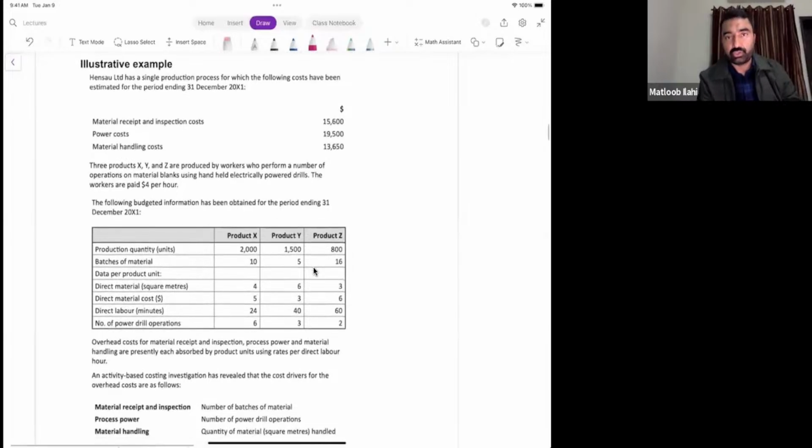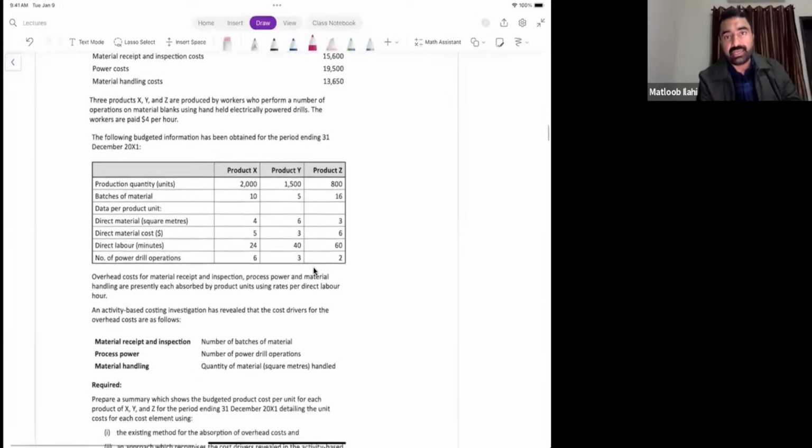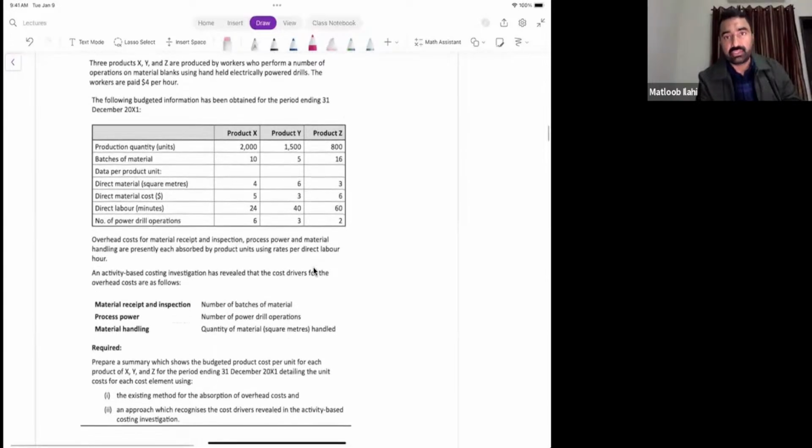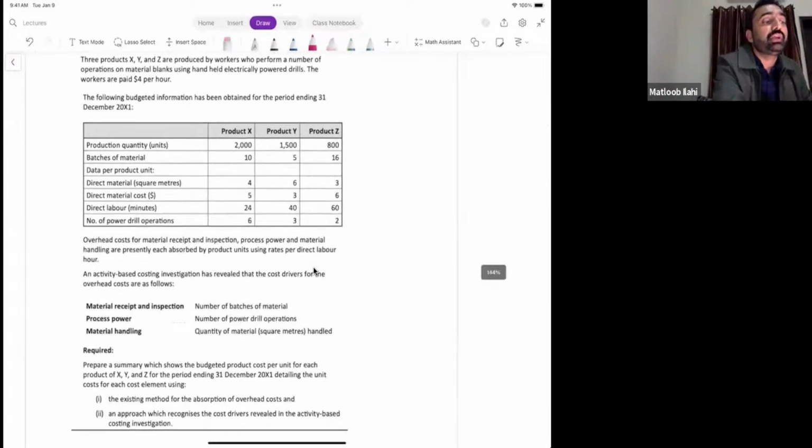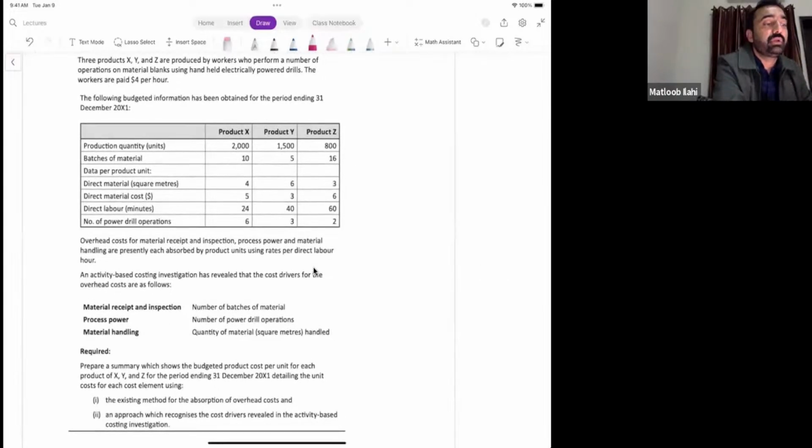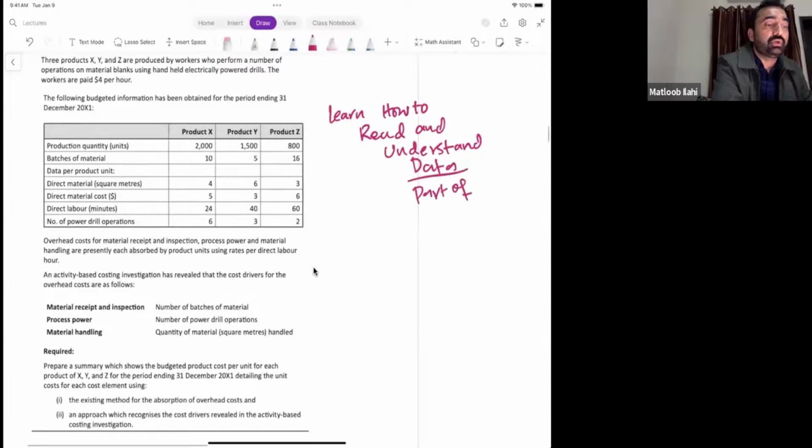These are the information given: product X, product Y, product Z, and their production. By the way, you need to learn how to read and understand data. Part of your PM preparation.